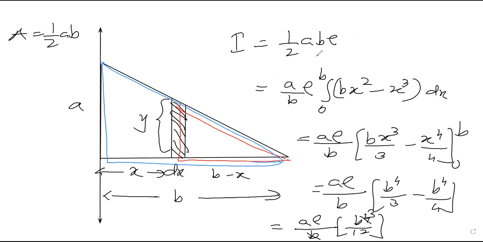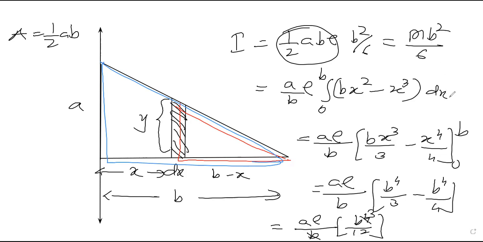One of the b has been taken out, so all that remains inside is b square upon 6. This half a rho b will be the total mass of this right angle triangle. So m b square upon 6, that becomes the moment of inertia of a right angle triangle.